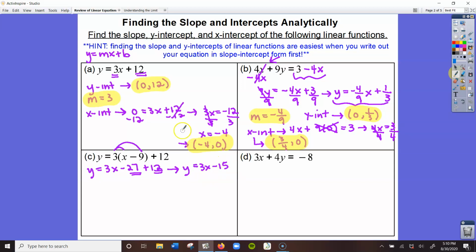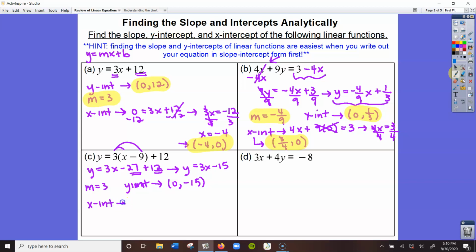Just like in part A, this equation is in slope-intercept form, so my slope is equal to 3, and my y-intercept is 0, negative 15.